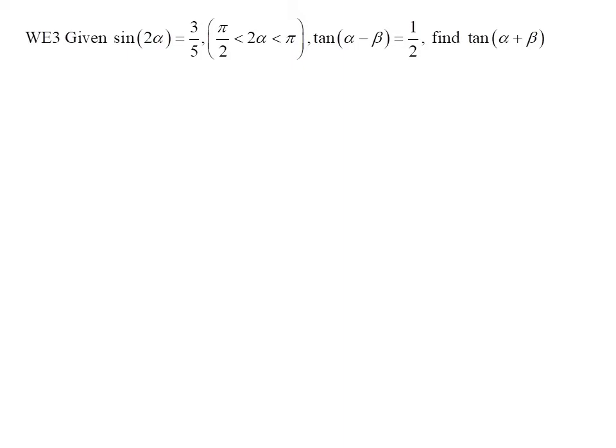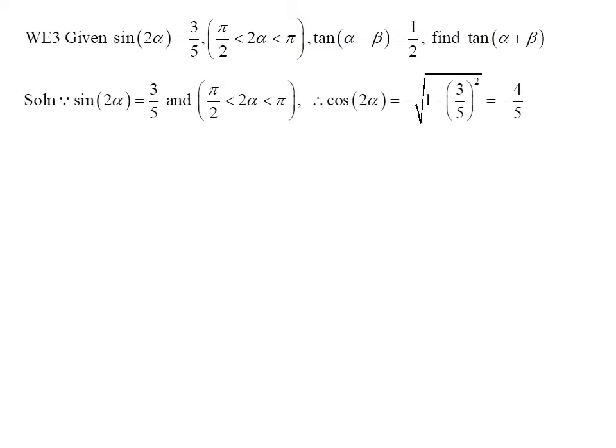Example 3 is to evaluate tangent (alpha plus beta), given that sine 2alpha equals 3 over 5, tangent (alpha minus beta) equals 1 over 2, where angle 2alpha is in the second quadrant.